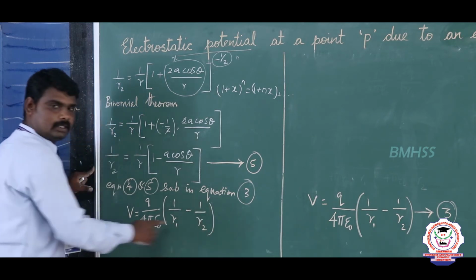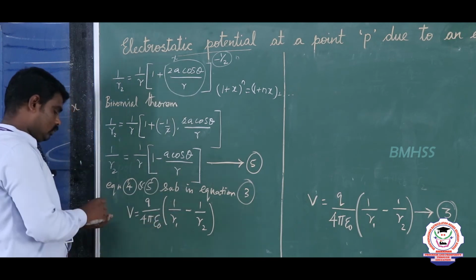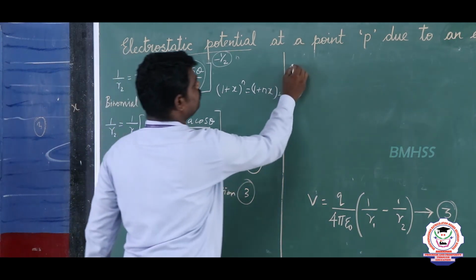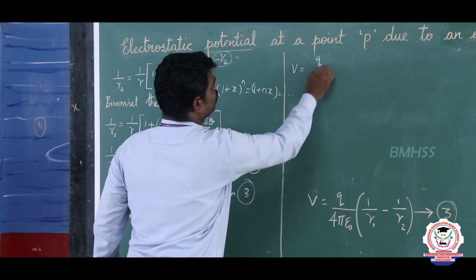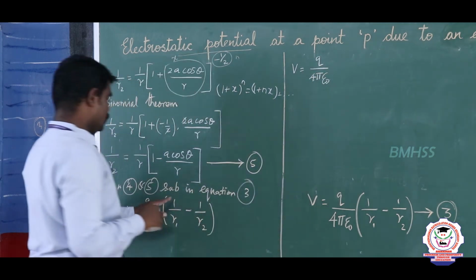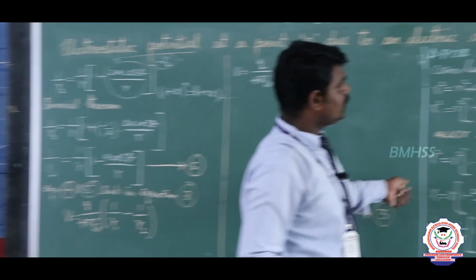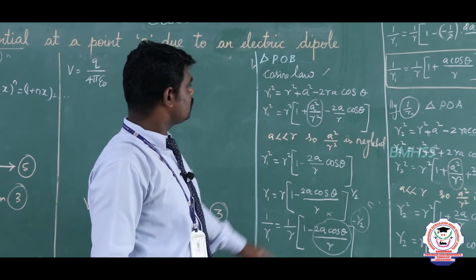This is equation number 3. Now substitute the 1 by R1 value and 1 by R2. So V is equal to Q by 4 pi epsilon naught into 1 by R1. What is the 1 by R1? Where is equation number 3?